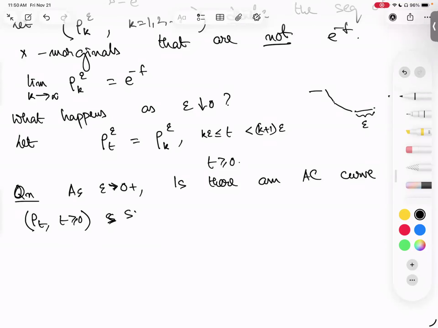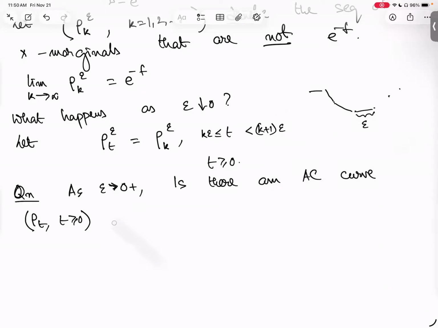Okay, so that's what I'm asking here. Such that rho t epsilon converges to rho t, let's say locally uniformly.